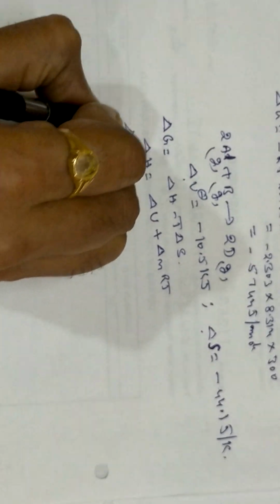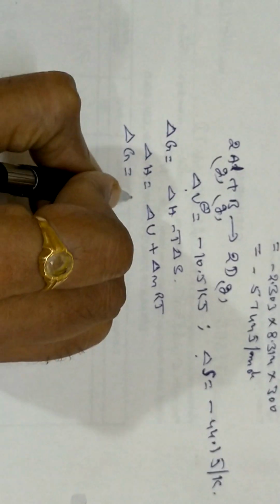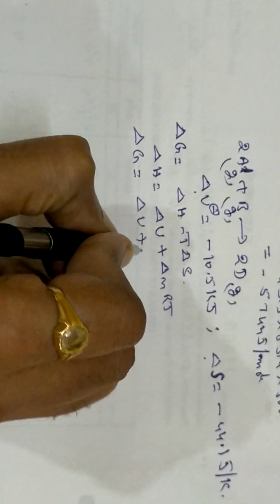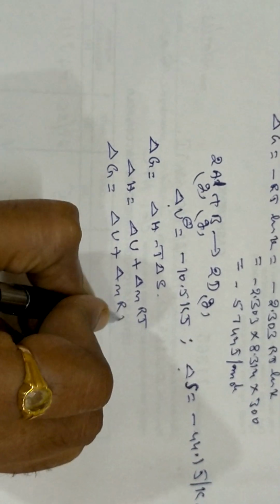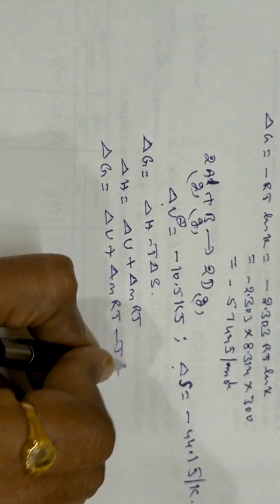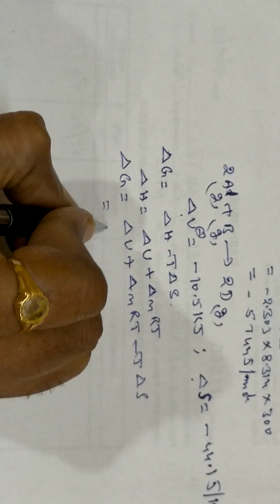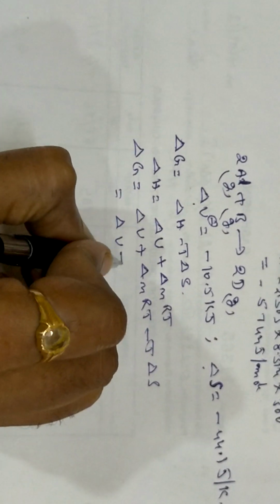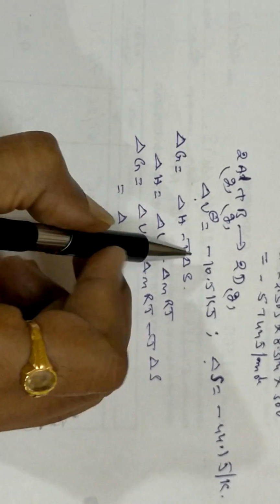As a single equation, delta G equals delta U plus delta n RT minus T delta S, where delta n is for the gas phase.